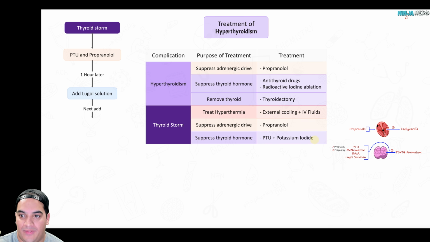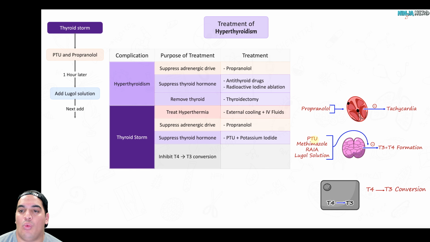After you've given them PTU, propranolol for the tachycardia, and Lugol to shut down the thyroid gland so it makes no more thyroid hormone, the next thing you can do is add another extra step. Yes, I want to shut down T3 and T4 formation. But remember, T4 is 90% of what your thyroid gland produces.